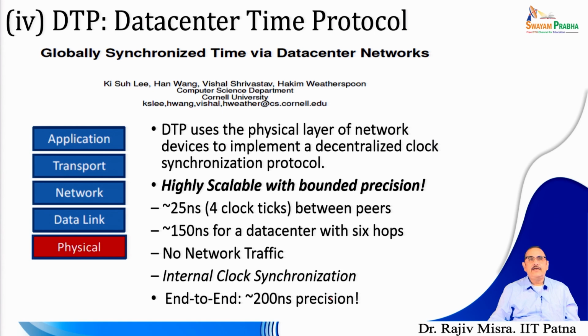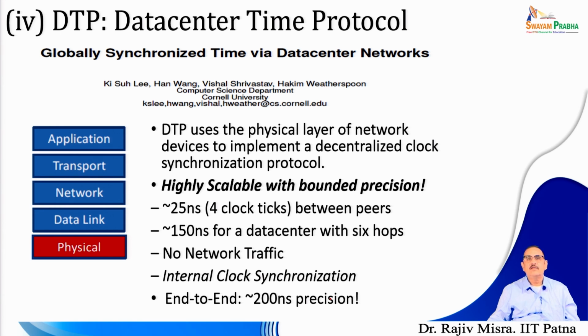Now, we will see the Datacenter Time Protocol. Datacenter Time Protocol is also internal synchronization, it is globally synchronized time via the data center networks. It uses the physical layer of the network devices to implement a decentralized clock synchronization protocol.